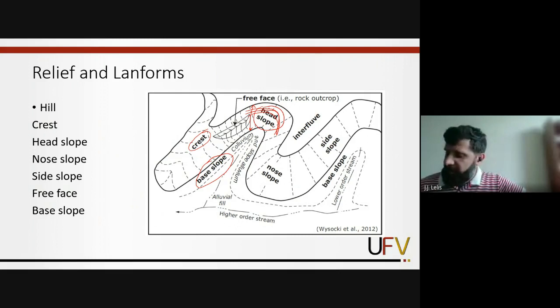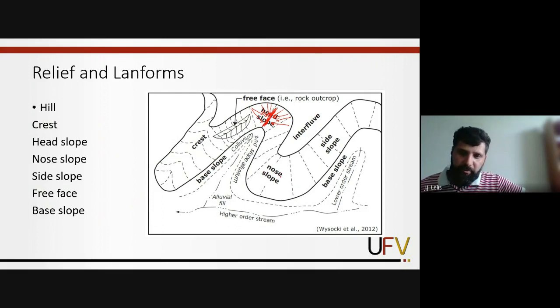This kind of geometry tends to increase the concentration of water in the same point, because all the surface runoff will drain to the same point, okay? So a head slope tends to concentrate water in the same point.